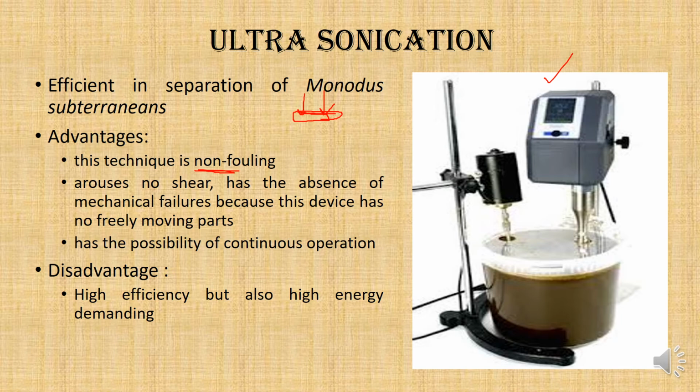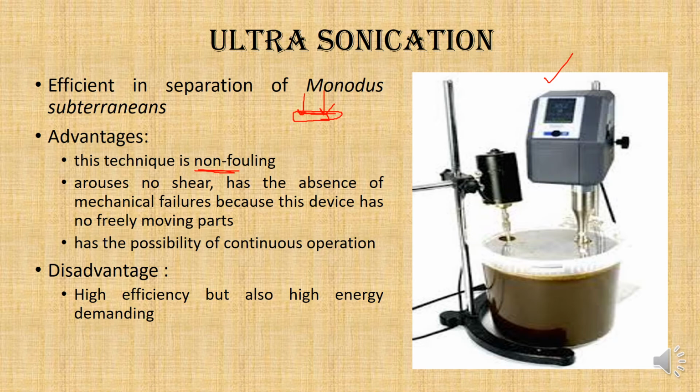Also, the problem that we had in centrifugation, the outer surface getting damaged by the shear force, is not there. And because it has little mechanical equipment, just a sound resonator, only a very limited amount of machinery is required.